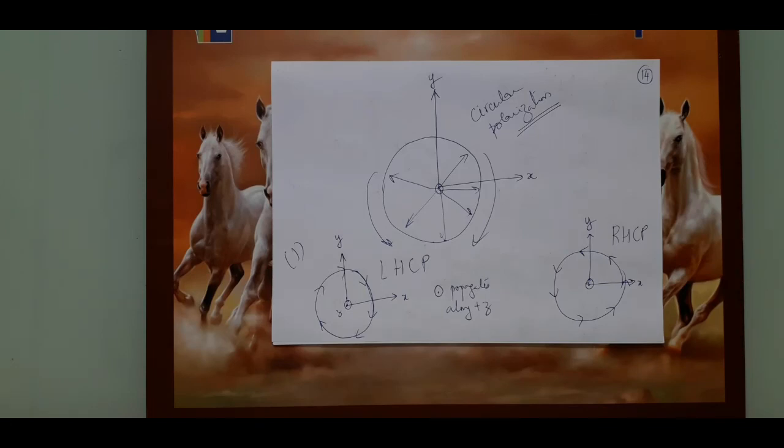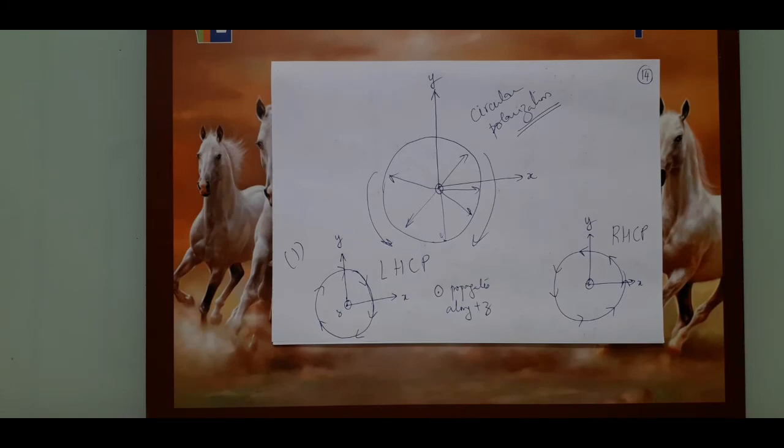Furthermore, we proved that just like the transmission line has a characteristic impedance, the medium through which the wave travels also has an impedance, called the intrinsic impedance, very similar in nature to the characteristic impedance. The only thing is that it is an unbounded medium, but still it has an intrinsic impedance, which we call eta, that is nothing but under root mu by epsilon.